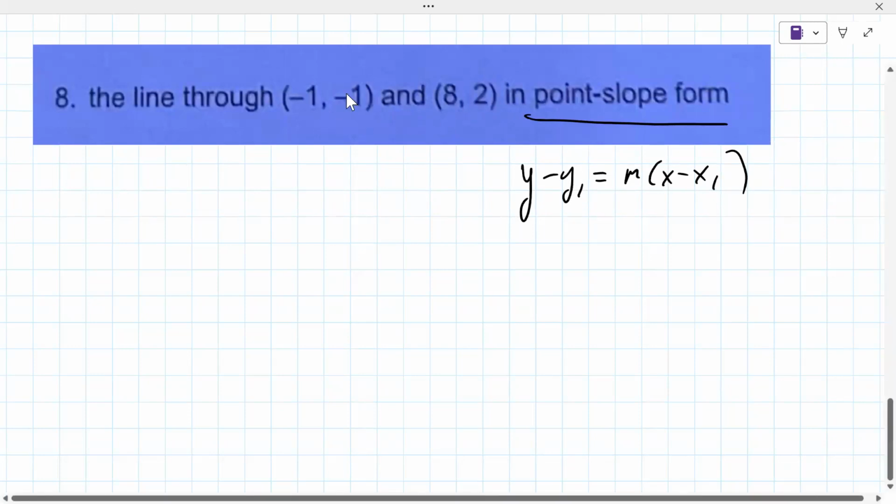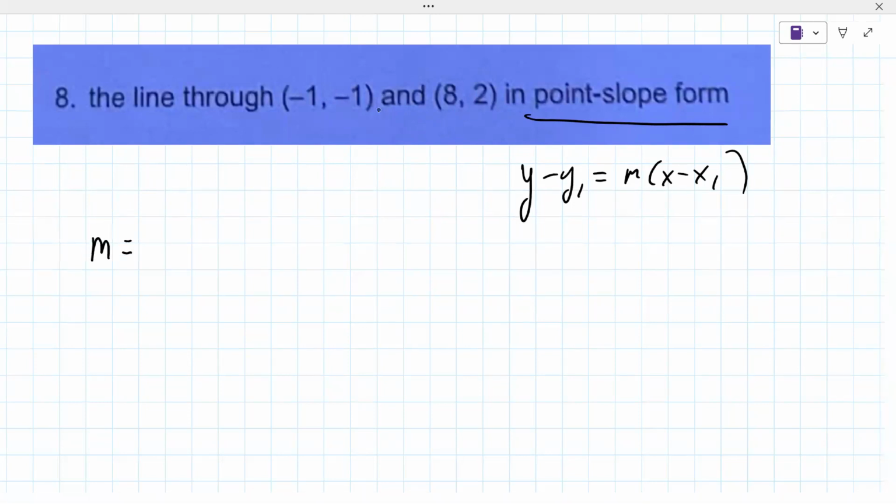We actually have 2 points. Yeah, that's good. But we don't have the slope. You remember the slope formula from earlier? y2 minus y1 over x2 minus x1. Good. Will you calculate the slope for us, please? Sure.